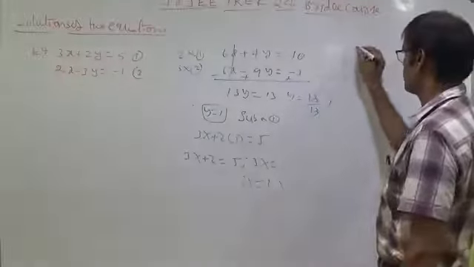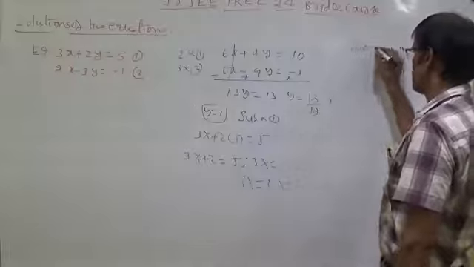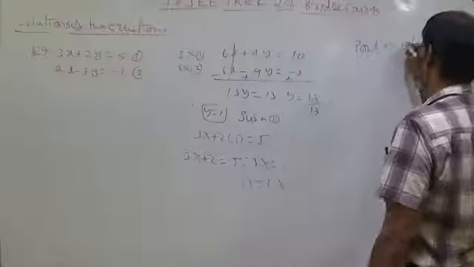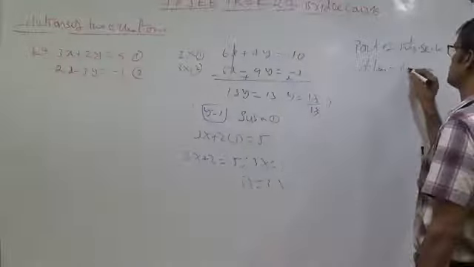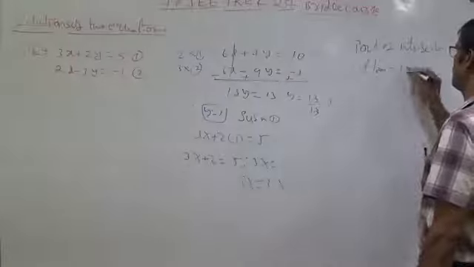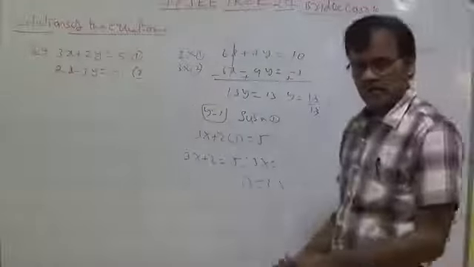Therefore x is equal to 1. Now here I am writing point of intersection. The point of intersection of the lines is 1 comma 1, that is the correct answer.